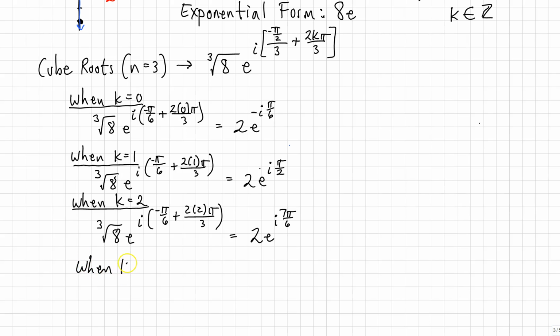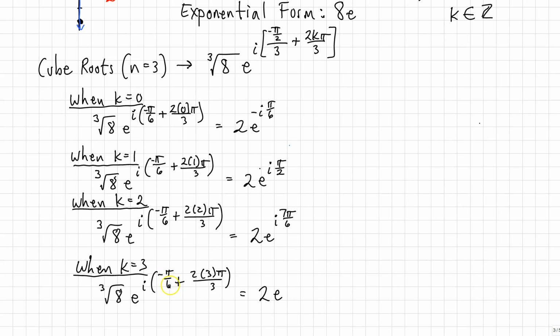So when k equals 3, you'd have cube root of 8, no surprise there, and it'd be negative pi over 6 plus 2 times 3 pi over 3, which would be 2e, and you'd have negative pi over 6 plus 2 pi, so that would be 11 pi over 6.